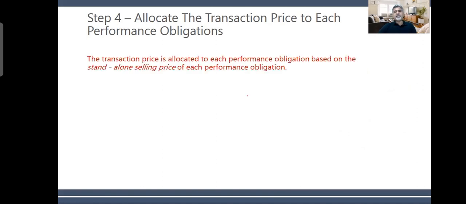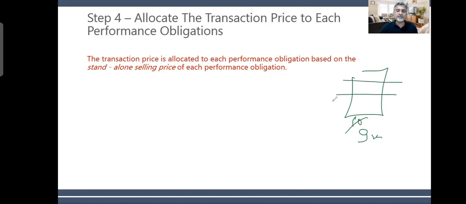The transaction price is allocated. The overall transaction price, remember you had that 10 million, then you made it 9 million, and then you have to allocate it to these. The transaction price, which is 9 million, is allocated to each performance obligation based on the standalone selling price of each performance obligation.